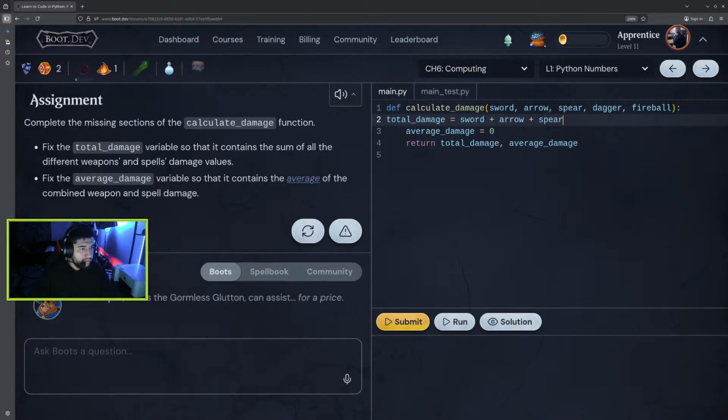Okay, why doesn't that come out? Whatever. Plus the dagger. Fix the total damage variable so that it contains the sum of all different weapons and spells damage values. Alright. Total damage equals sword plus arrow plus spear plus dagger plus fireball.